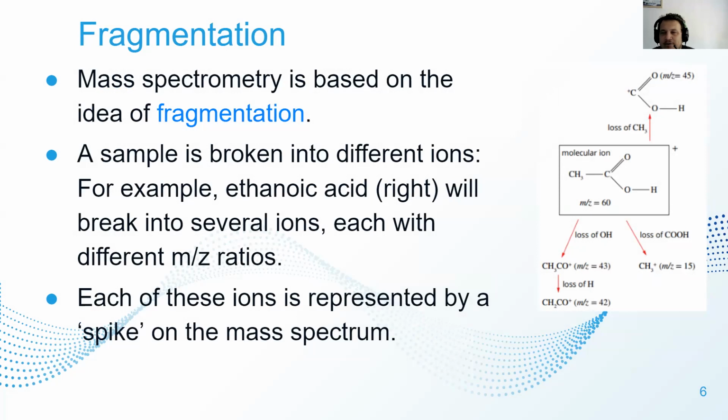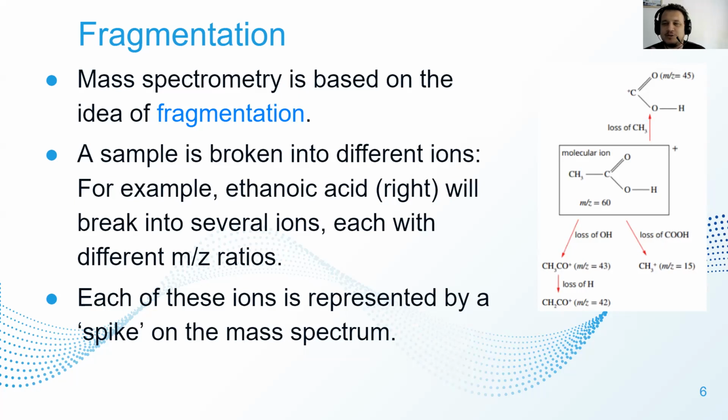So we run our ethanoic acid through our mass spec, and what happens is, because we are ionizing it, we're creating lots of different molecules. All of them have different mass to charge ratios, and we get a spike. So one of those will be the loss of the CH3, so we end up with just the carboxylic acid group.